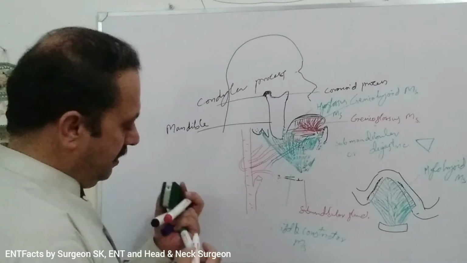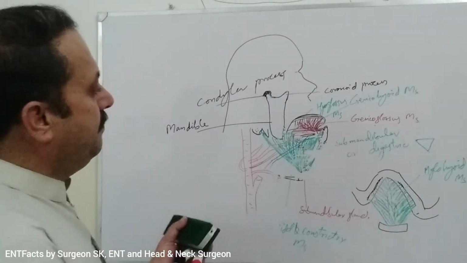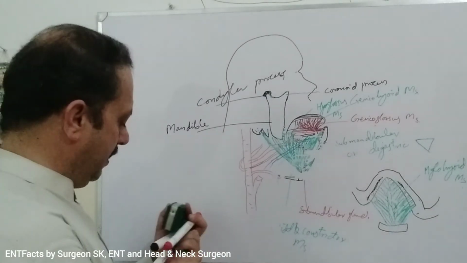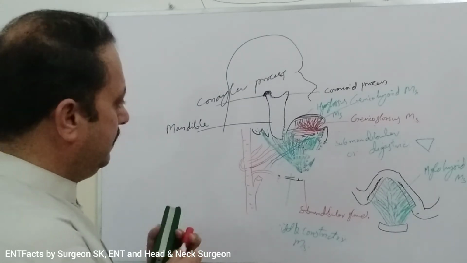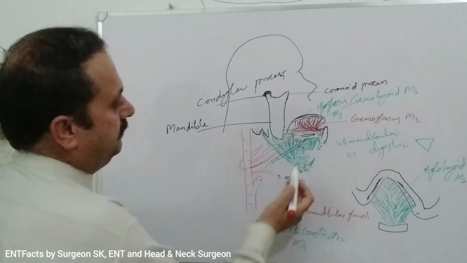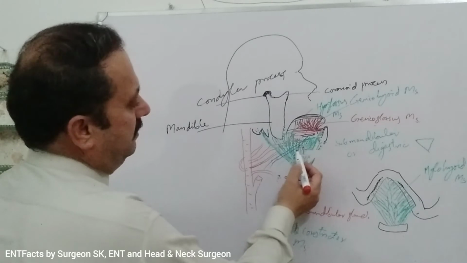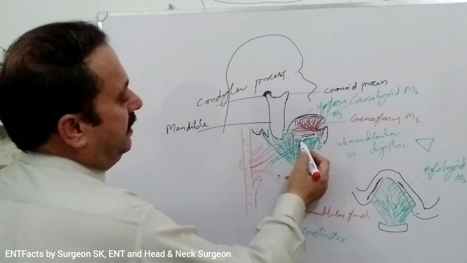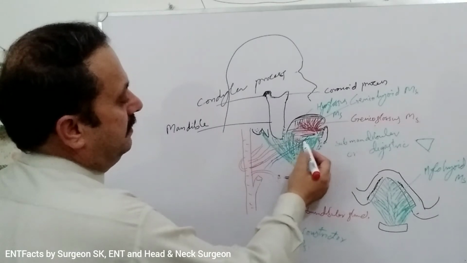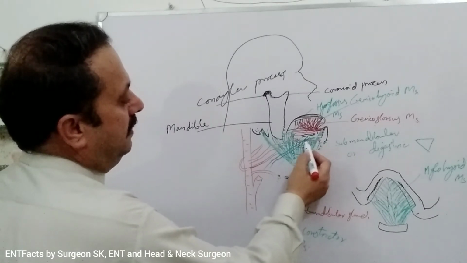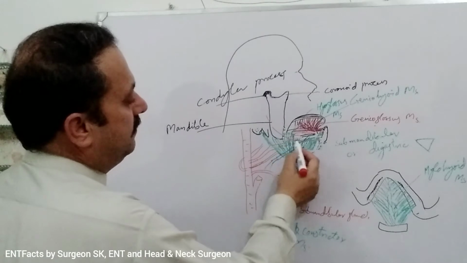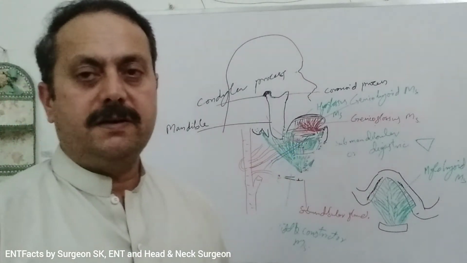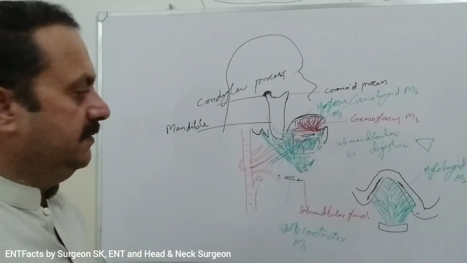Now, the nerves which are important in this area are the hypoglossal nerve, that we draw also red. The hypoglossal nerve lies a little lower here. Just superior to this gland lies another nerve that is called the lingual nerve, which comes from the mandibular part of the trigeminal nerve.